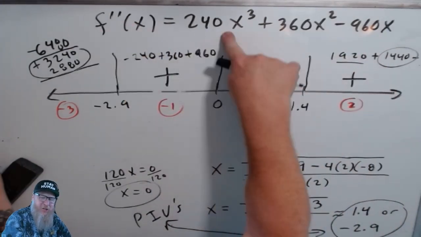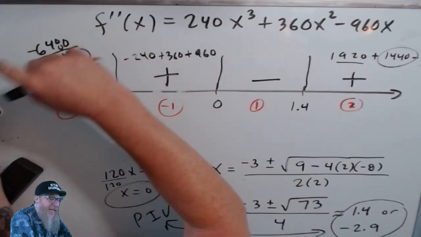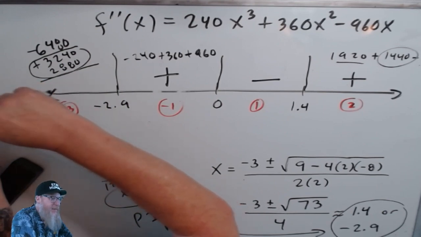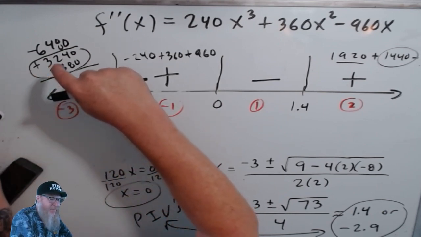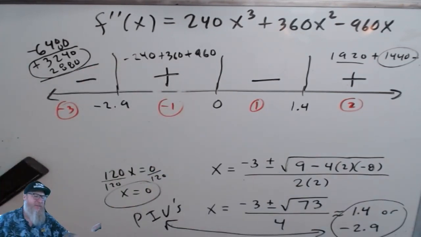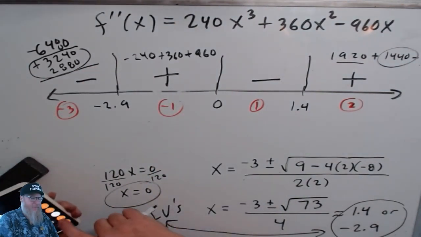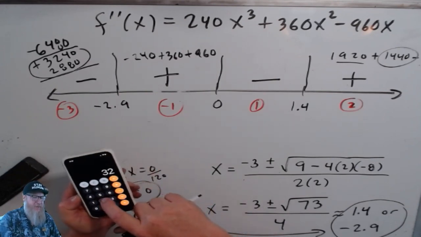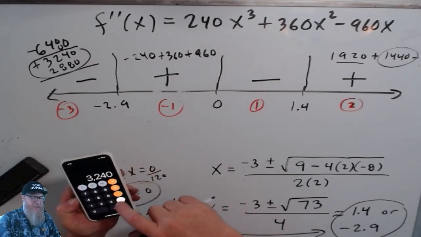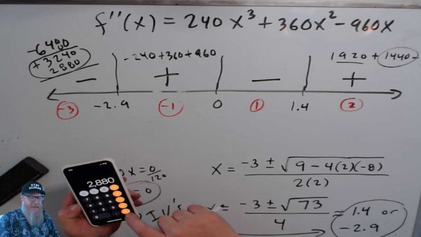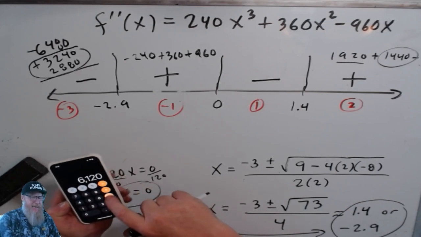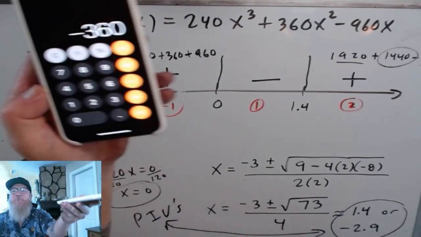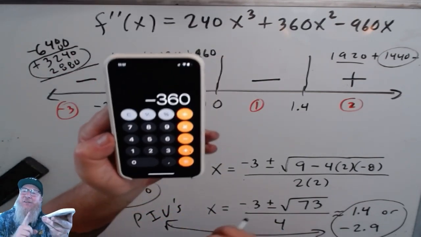But the first term was so big and negative, -6480. It's negative. I hit the wrong button on my calculator, but I got 3240 plus 2880 and then minus 6480. You believed me. I got close though.